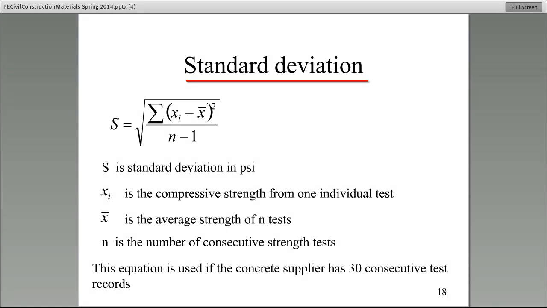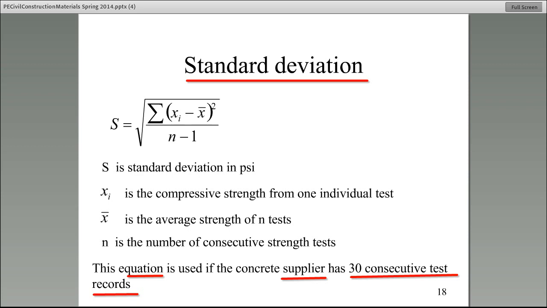So let's move on. Here the very bottom line is important. This equation is used if the concrete supplier has 30 consecutive test records. What they're referring to here as equation are those two equations that I just showed you. Remember the two equations that give you the F prime C required on the left-hand side?